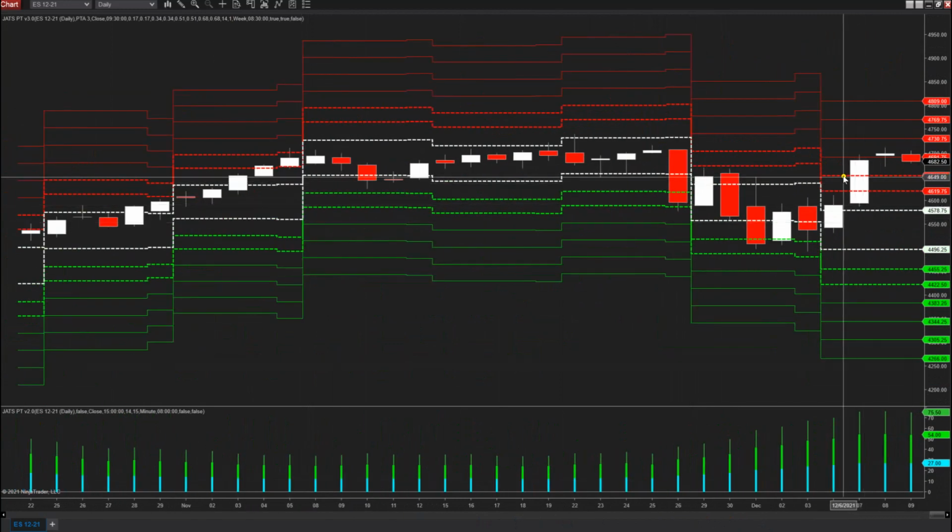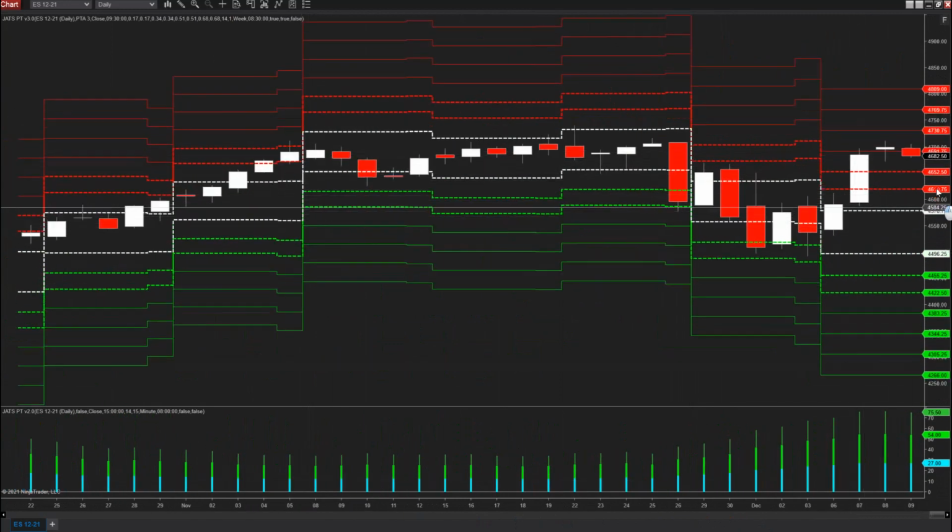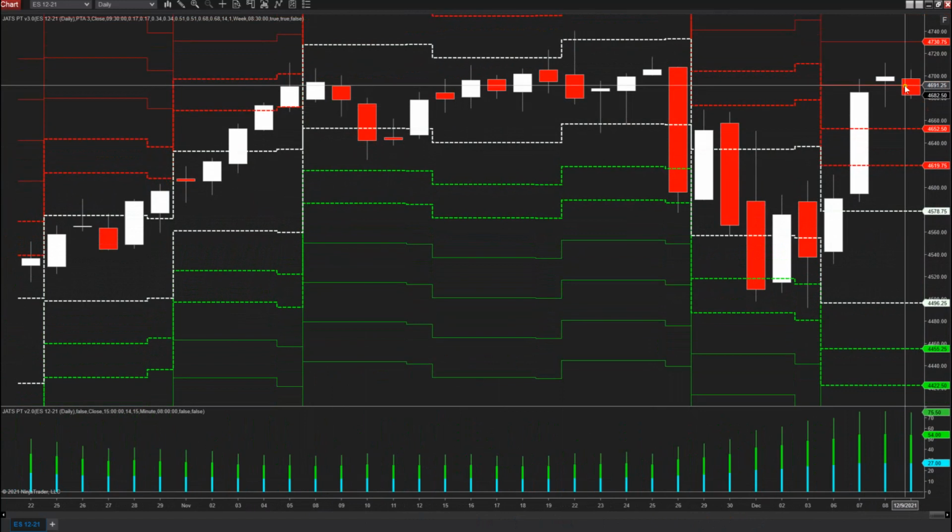And we hit that second tail and got above it. That can't happen, right? So it had to come back in.